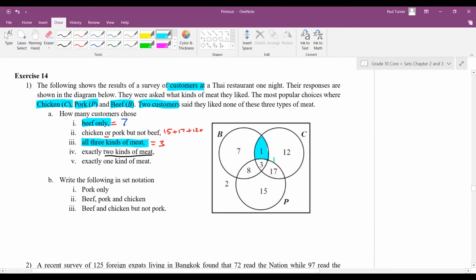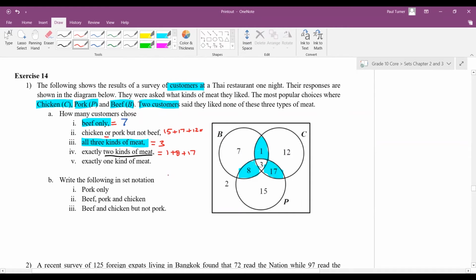This is beef and chicken. Chicken and pork, which is 17, right? So we could have this one here. So we could have chicken and pork, or beef and pork. So these are the 3. This is exactly 2, which means you can't have one, these ones, and you can't have all 3. Then you add those up. That would be 1 plus 8 plus 17.